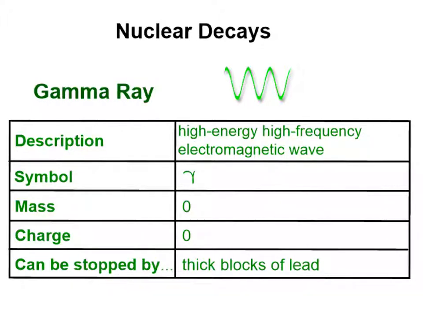Gamma rays have no mass, they have no charge, and they travel at the speed of light. Their symbol would be the Greek letter gamma. And when a nucleus loses energy but no particles, that's where you get these gamma rays coming off of the nucleus.